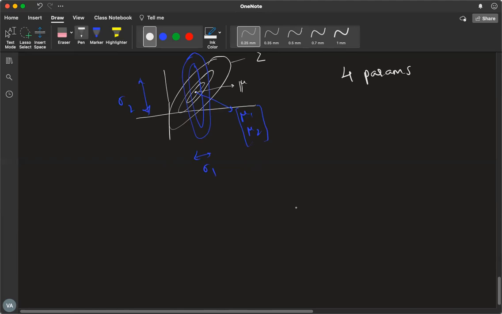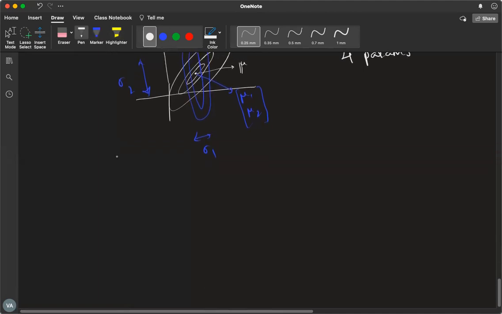The derivation goes like this. Okay, so the goal is that we are given a P star of Z, where this is small z, composed of Z1, Z2, and so on.